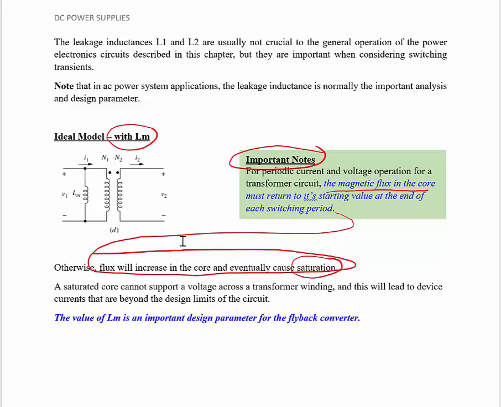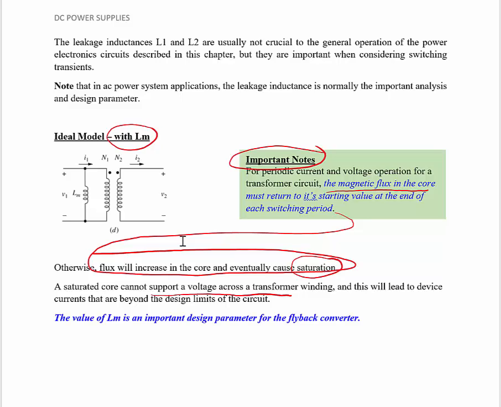As soon as you have a saturated core, it cannot support a voltage across the transformer. So as soon as the core of the transformer is saturated, we cannot support a voltage across the transformer winding.